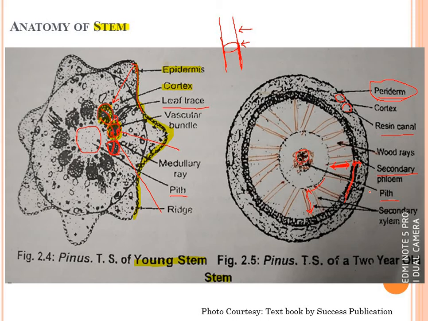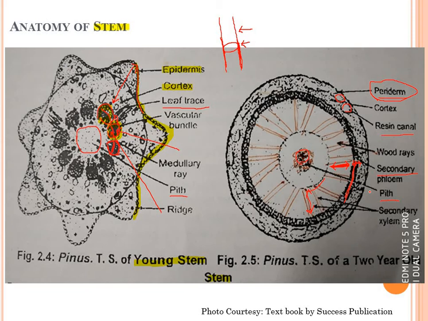Secondary xylem and secondary phloem generally increase the girth and diameter of the stem, and due to that the size of the stem keeps increasing continuously as the plant gets old.